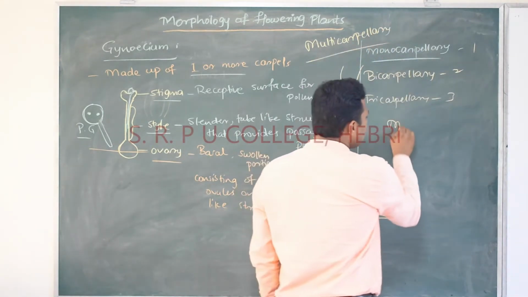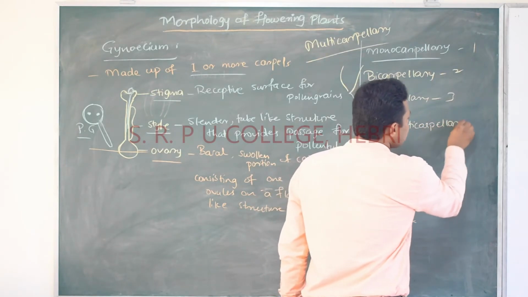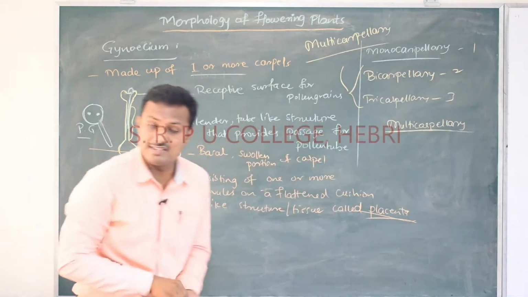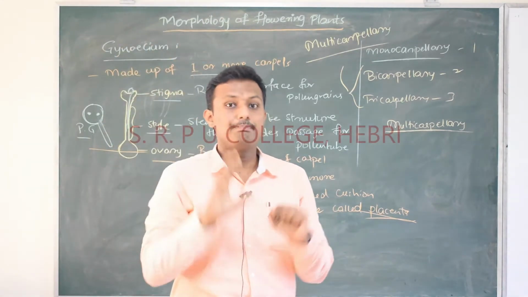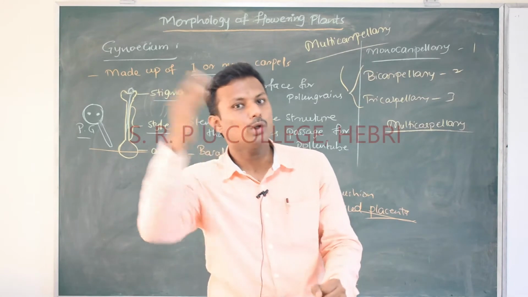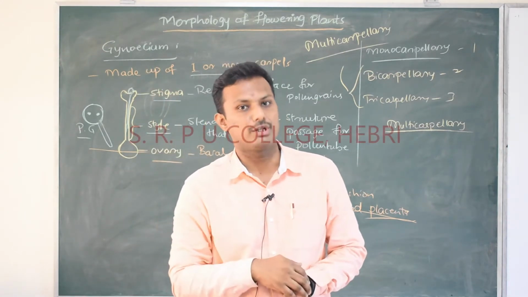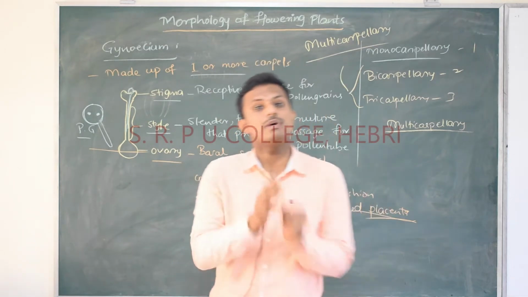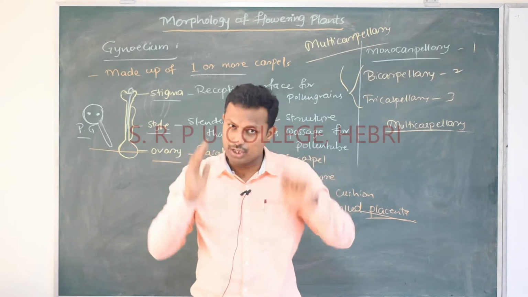And in this multicarpellary condition, more than one carpels are there, and these carpels can be fused with each other. Recall, when petals are fused with each other, what were they called? They were called gamopetalous condition. When petals were free, it was called what? Polypetalous condition.